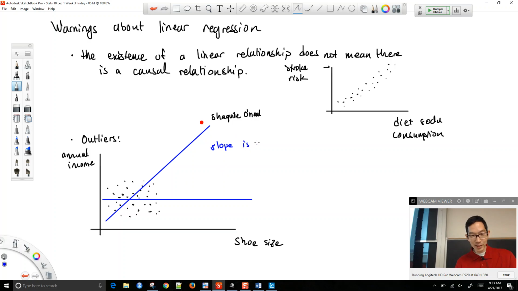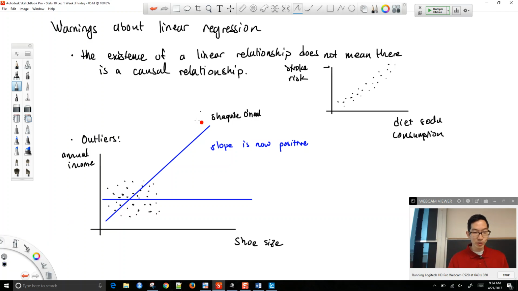The slope is now positive, and that's not true, right?